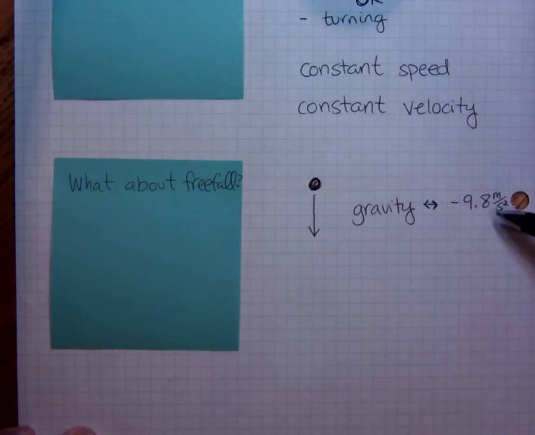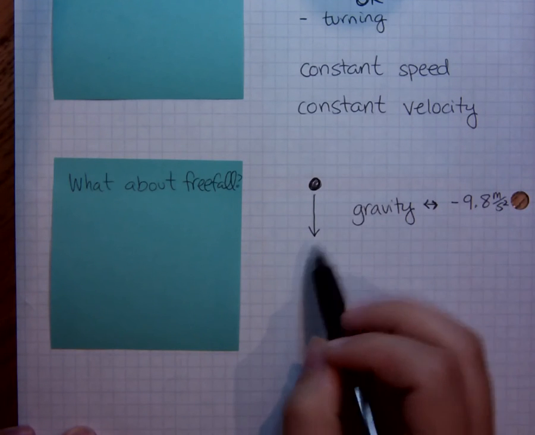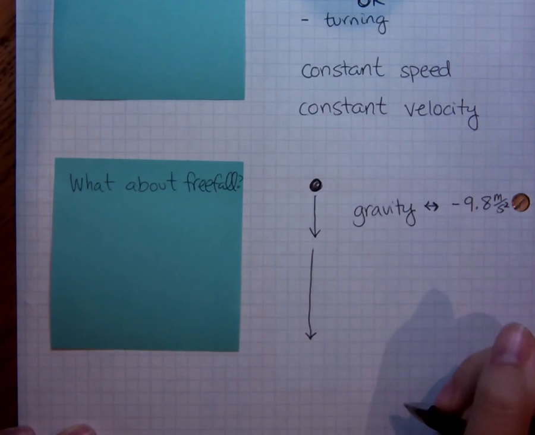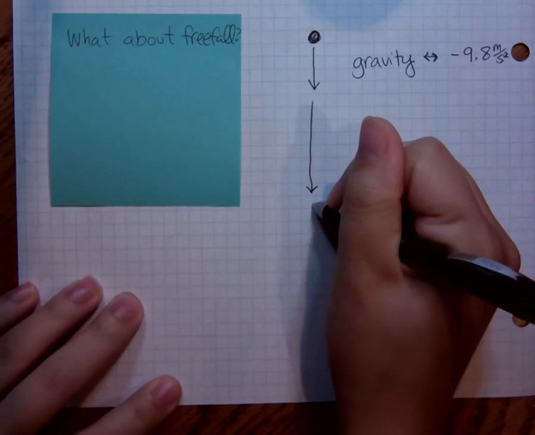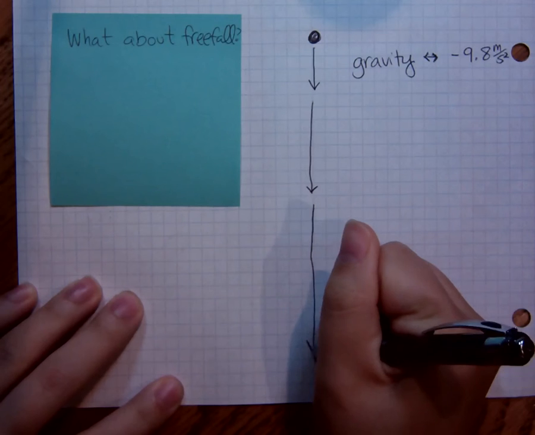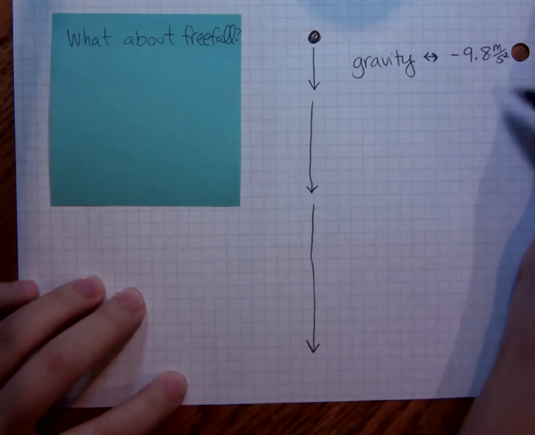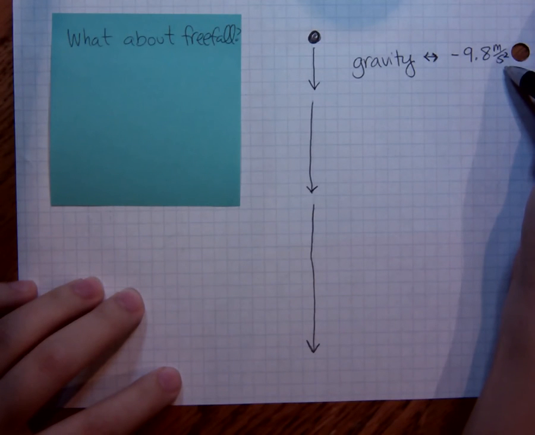So this number right here isn't how fast something falls due to gravity. It's the rate at which its velocity changes. So as my ball right here falls, it speeds up over time. Every second that passes, my ball is falling faster and faster at a rate of negative 9.8 meters per second squared.